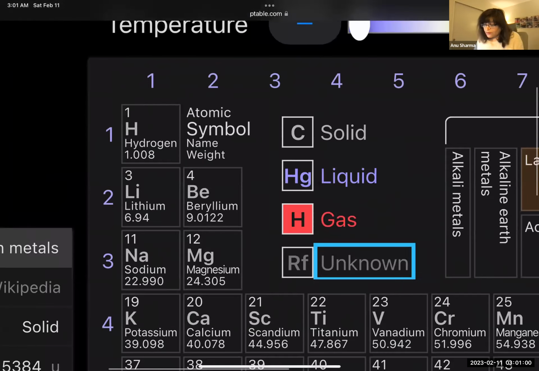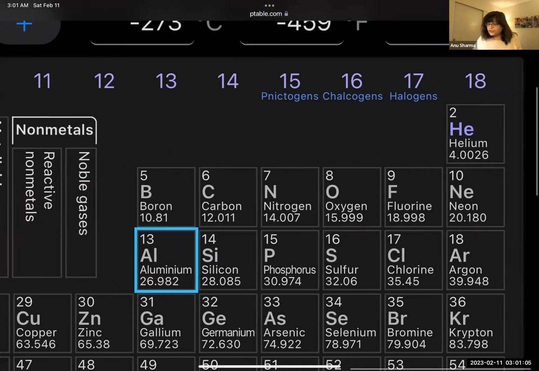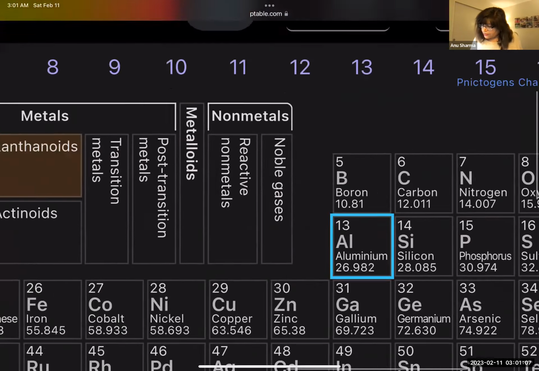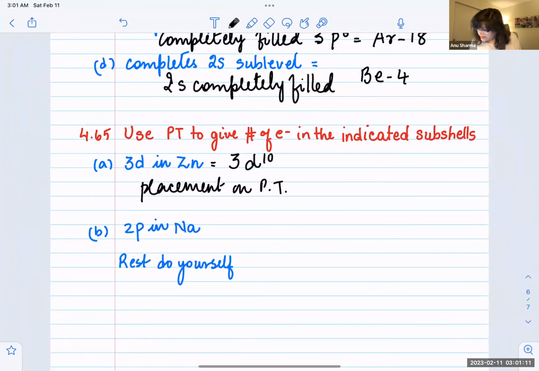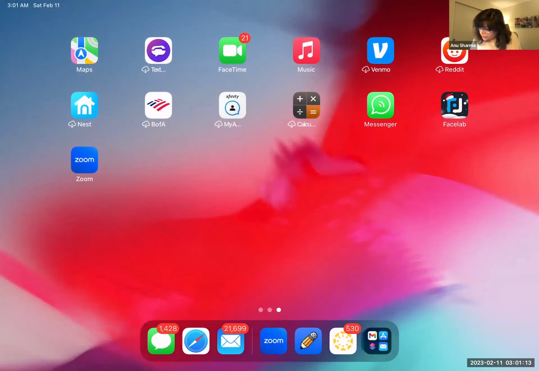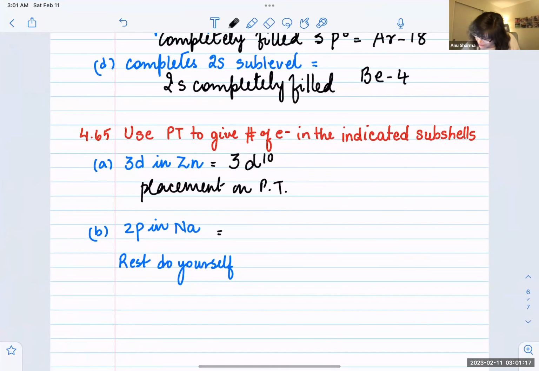The rest, the top ones, are all filled up. Oh, sorry, which one are we talking about? I forgot. Sodium, 2p. So 2p is 2p6. It's all filled. So you can do the electronic configuration on the side, and from there you can get it.